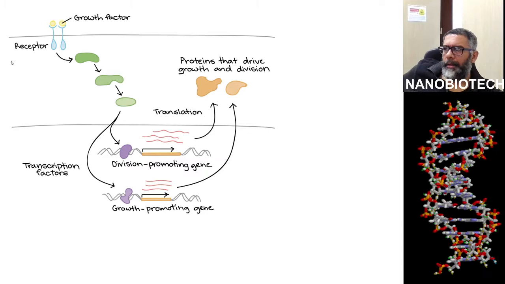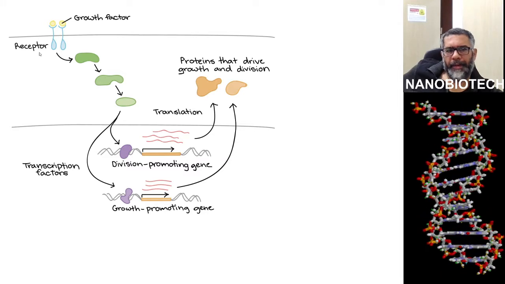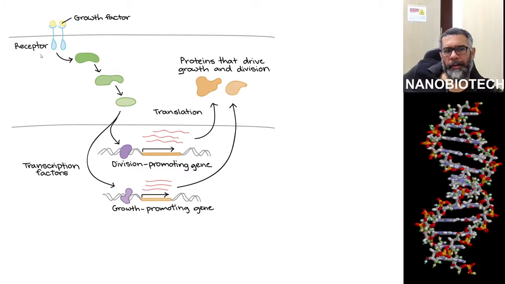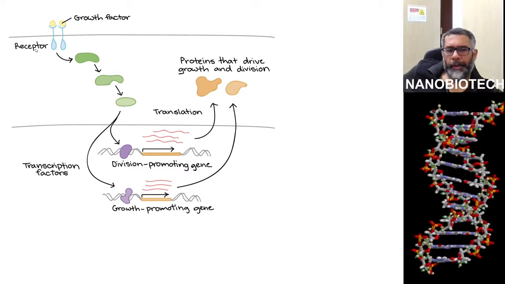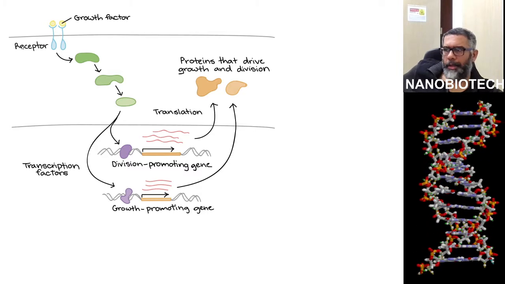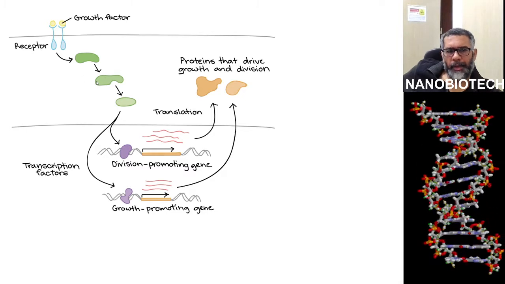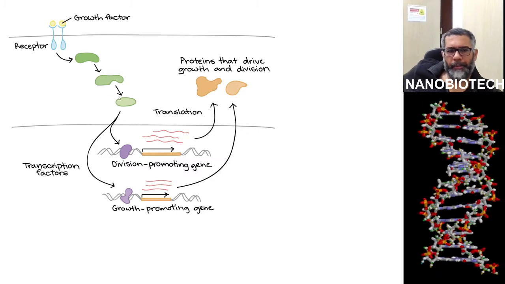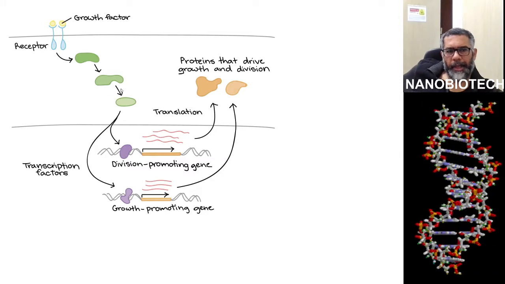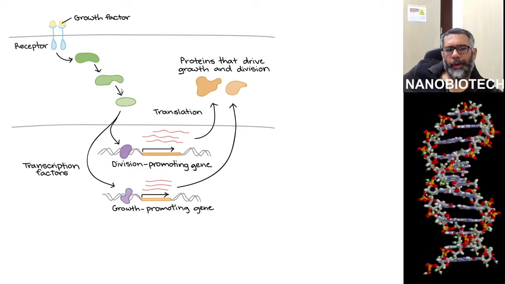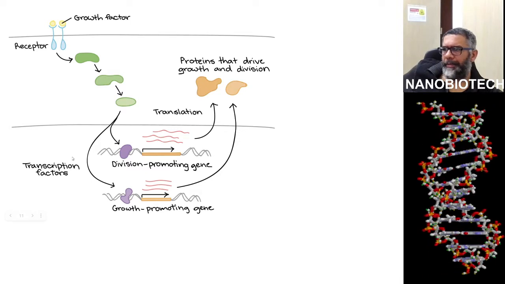The cell detects the growth factor through physical binding of the growth factor to a receptor protein on the cell surface. Binding of the growth factor causes the receptor to change shape, triggering a series of chemical events in the cell that activate proteins called transcription factors.